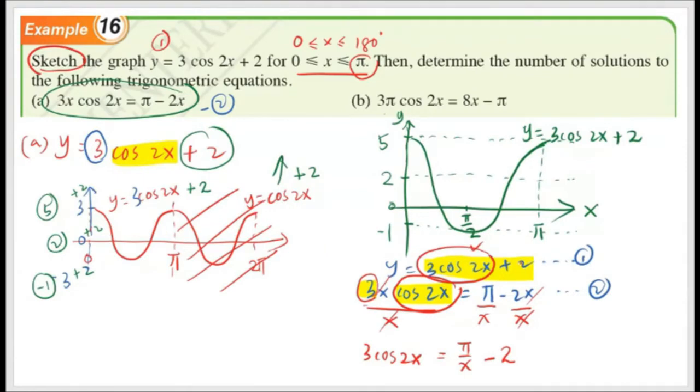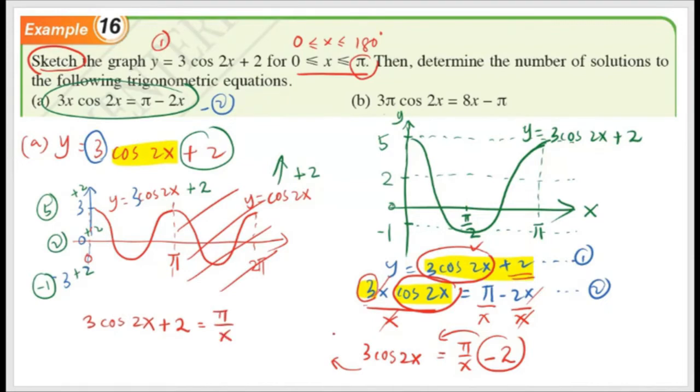So now the second part, plus 2. What to do? This one moves to the front. So you will get, okay, I write here, there's no place for me to write. It will become 3 cos 2x plus 2 equal to pi over x. Correct or not?